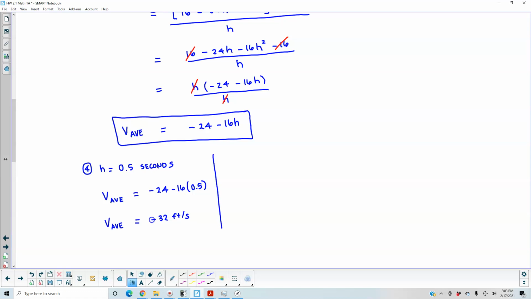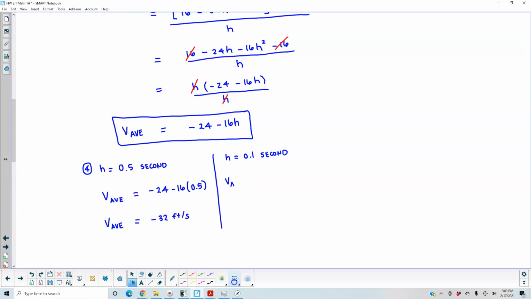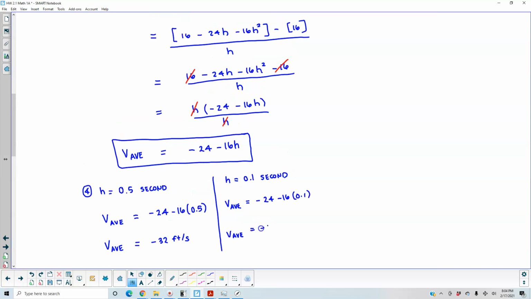Now we want to find the average velocity when it is 0.1 second. That's negative 24 minus 16 times 0.1. So the average velocity at 0.1 second is negative 25.6 feet per second.